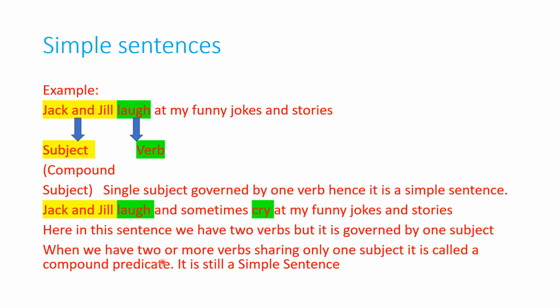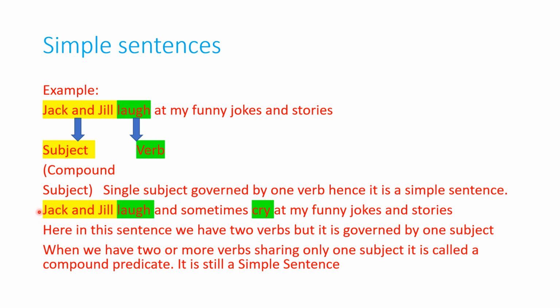The note says that when we have two or more verbs sharing only one subject, Jack and Jill, then these two verbs, laugh and cry, are called a compound predicate. But it is still a simple sentence because it is governed only by one subject, Jack and Jill.